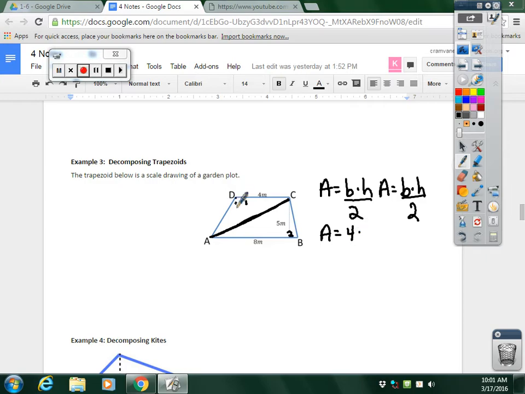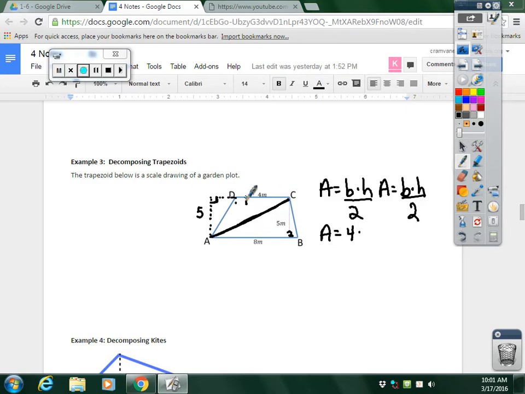But I know height is from the top of the shape all the way to the bottom of my obtuse, and it has to make a 90-degree angle. So I have to find something that's measuring from here to here. So I'm going to look through this whole trapezoid, and ding, ding, ding, from here to here is 5. So that means from here to here is also 5. Okay, that's going to be your height.